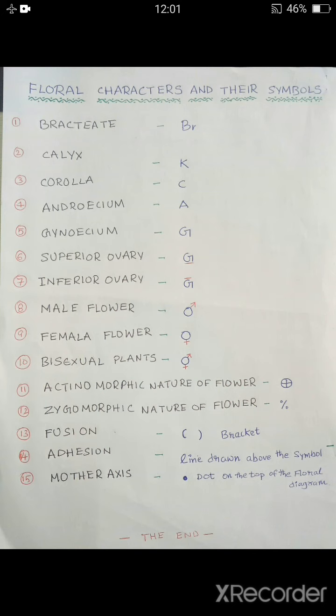When we are explaining the morphology of a flowering plant, it should not be written in theoretical part in a long lengthy manner. It can be described in a simplified short form. So this kind of practice has been used by scientists for many years. That part we are going to discuss now.